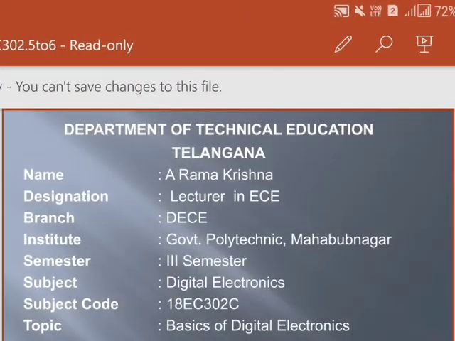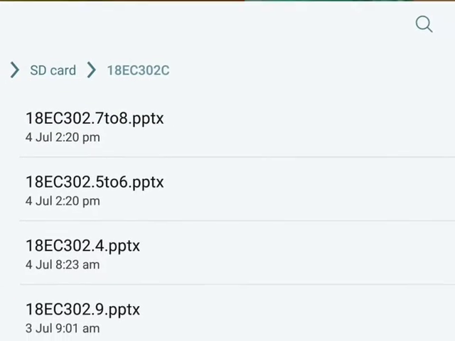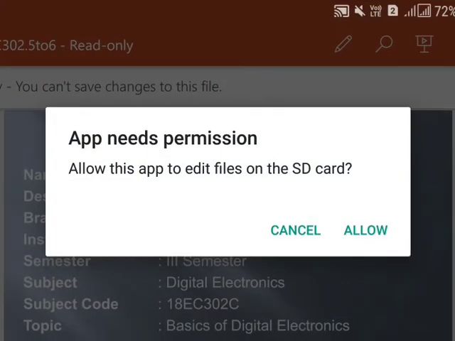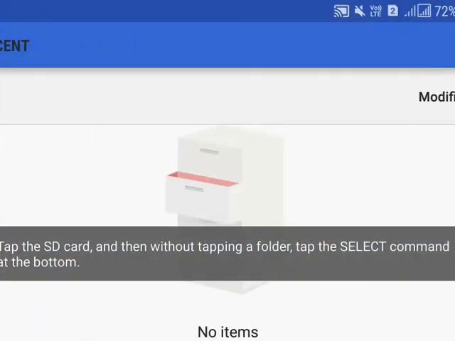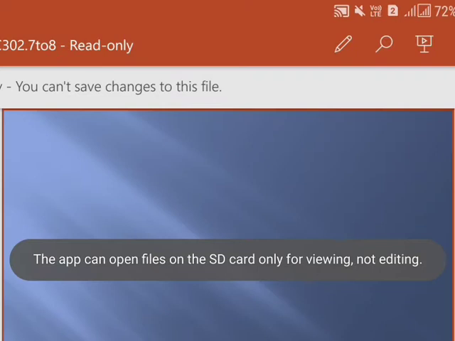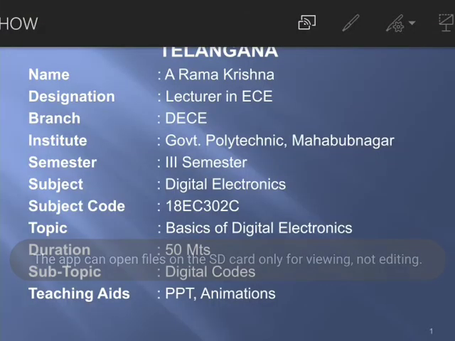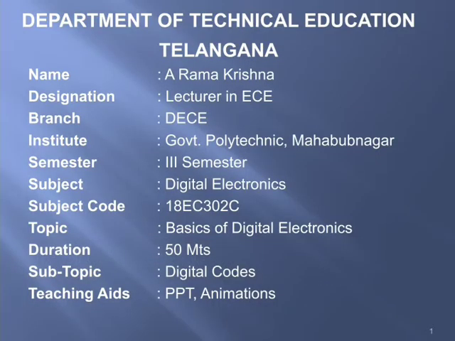Next we will see something about different types of digital codes.